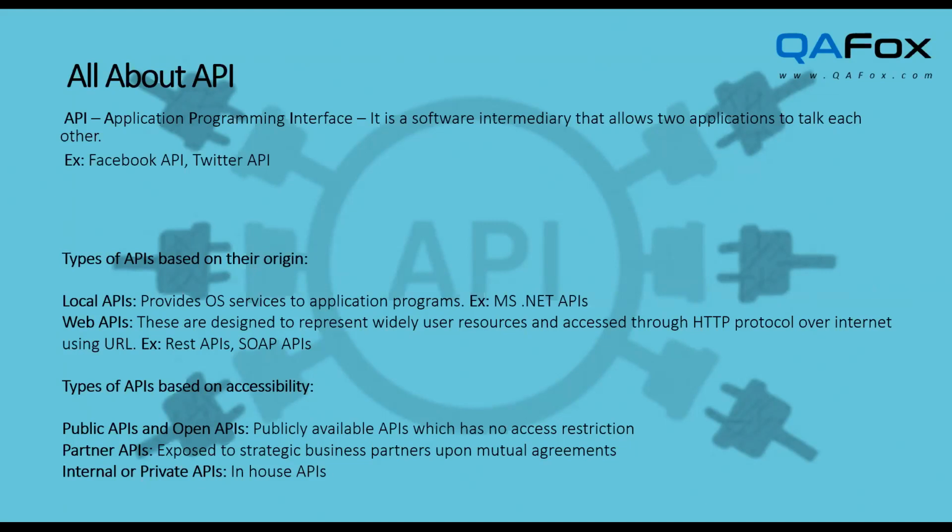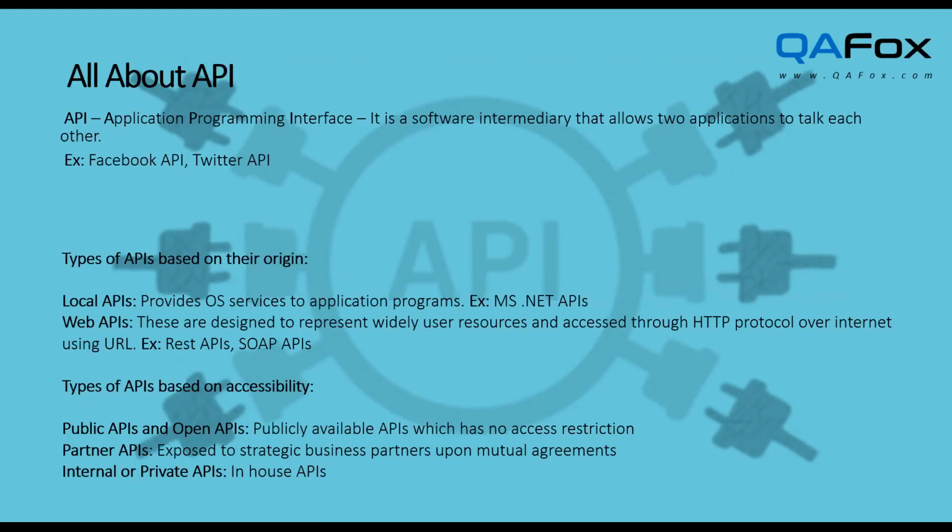Types of APIs. Here, different types of APIs are categorized depending upon the origin as well as the accessibility of APIs. As I said, an API is an interface between two applications.